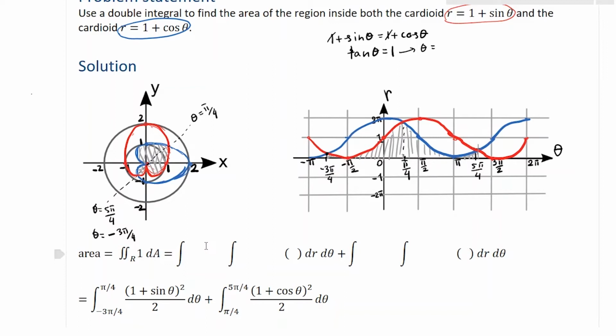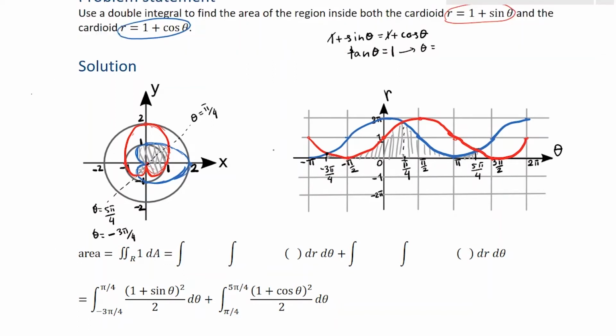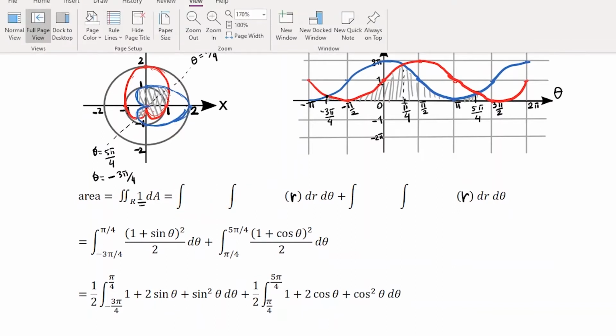Now let's set up the integral. Remember, areas when you're doing a double integral would just be integration of 1. So then we have this polar coordinate integration set up. We have dr d theta. Jacobian is equal to r for polar coordinates. The first integral is the one that's up to the red curve.